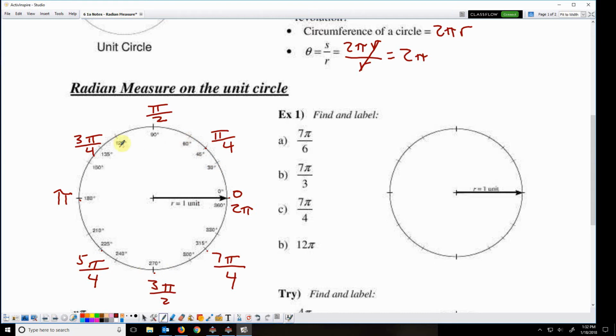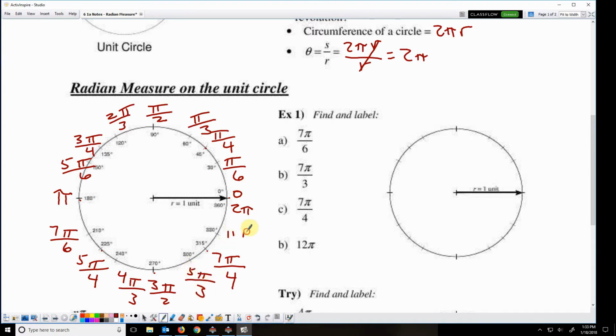For the other numbers, I count by sixths. So this is 1/6, 2/6, and 2/6 is 1/3. 3/6, which is 1/2. 4/6, which is 2/3. 5/6, and 6/6, which is 1. 7/6, 8/6, which is 4/3. 9/6, or 3/2. 10/6, which is 5/3. 11/6, and 12/6, which is 2.